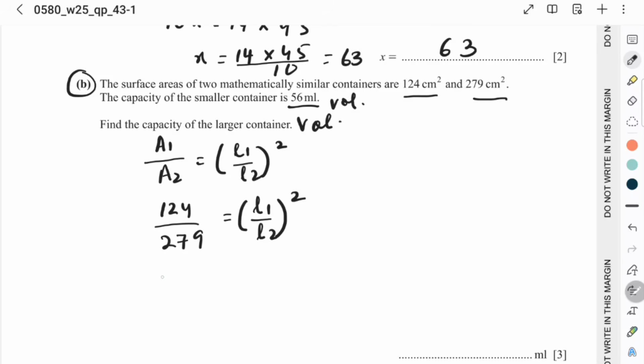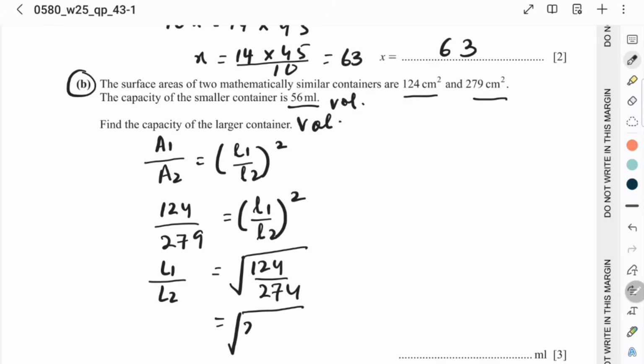Okay, with the help of L1 upon L2 whole square is equals to, just take the square root, 124 upon 279. Use prime factorization. It will become 2 square into 31 and 3 square into 31. Cancel.